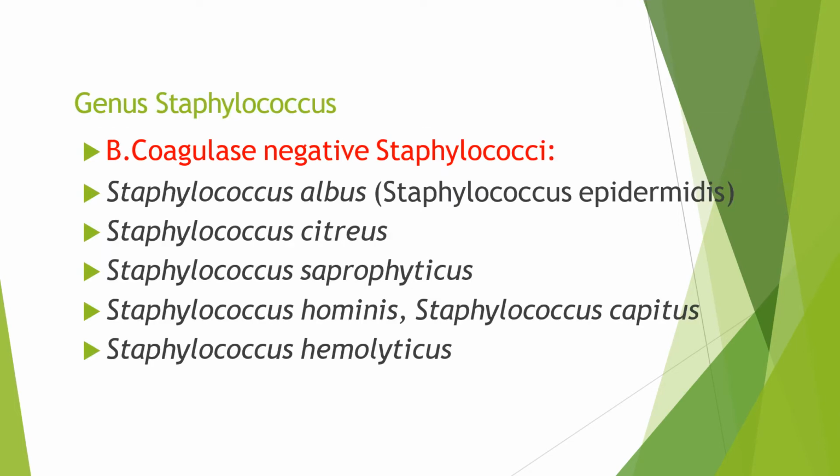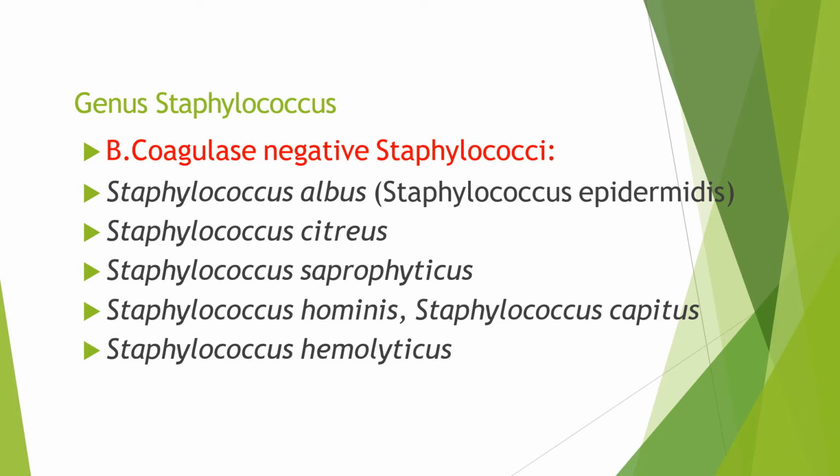Then we talk about coagulase negative staphylococci. It includes a variety of organisms: Staphylococcus albus, otherwise called Staphylococcus epidermidis, which is normal flora seen on our skin. Then Staphylococcus citreus, then Staphylococcus saprophyticus, which is a very important coagulase negative.